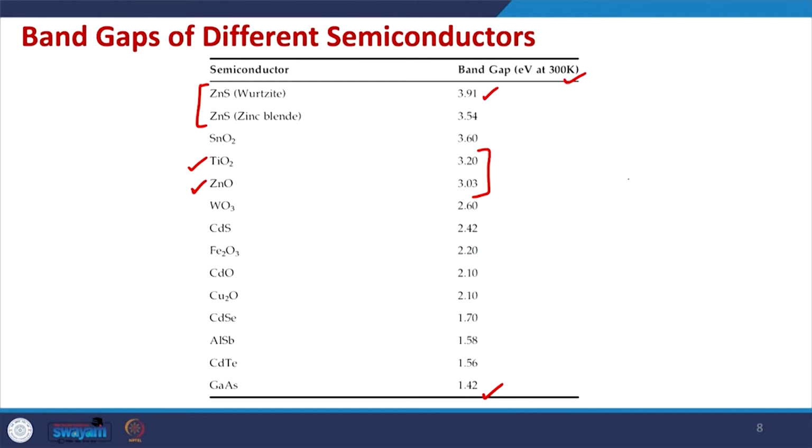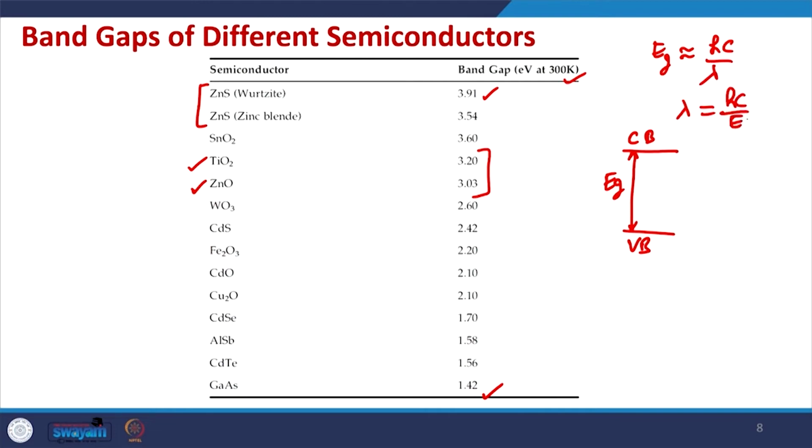If we actually perform the calculation with respect to the valency band and conduction band of zinc oxide, whatever the band gap Eg value is, we can know this Eg value. Now, this Eg value is equated to hc by lambda, and from this we can calculate the lambda value by proper unit conversion.